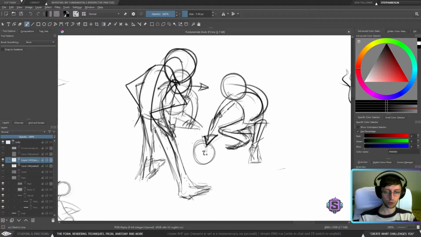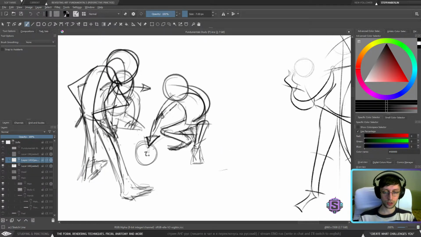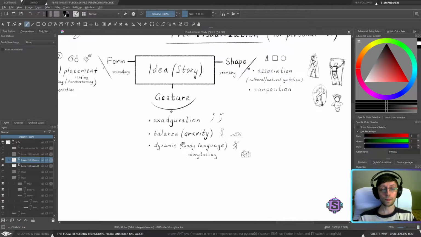Like this hand is going to overlap this part of the body, this hand is going to overlap this part of the body, and etc. So for instance, this knee is foreshortened. Yes, it goes in space a little bit deeper, and the placement of this knee right here as overlapping at the same time creates an illusion of foreshortening. So they work in combination.